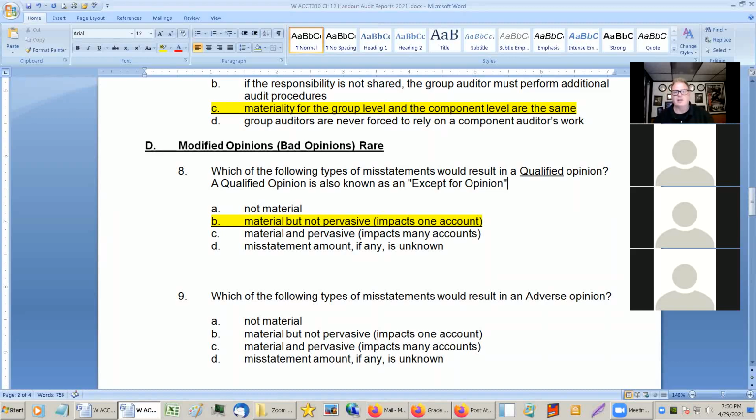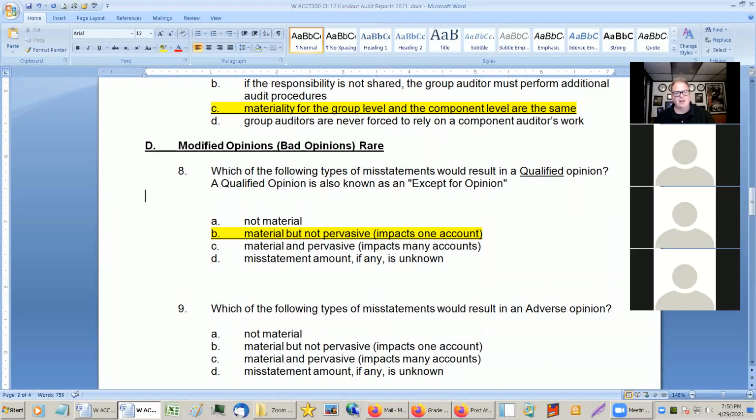That is because of the way it's written up.